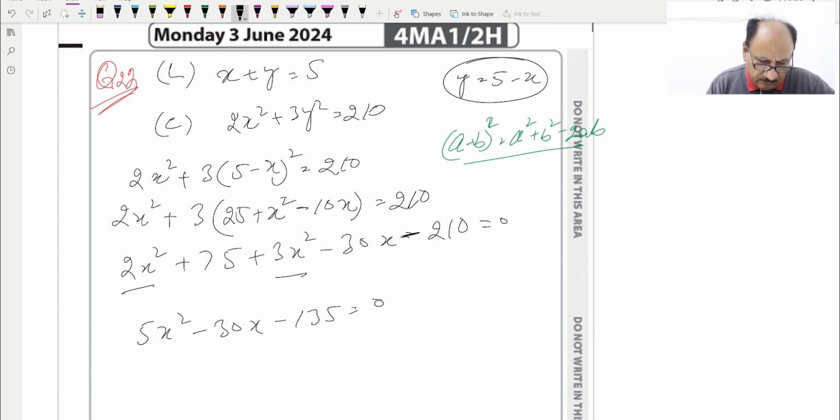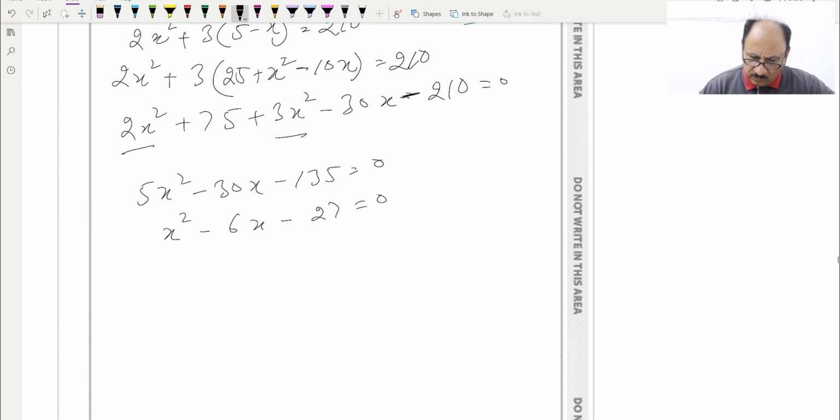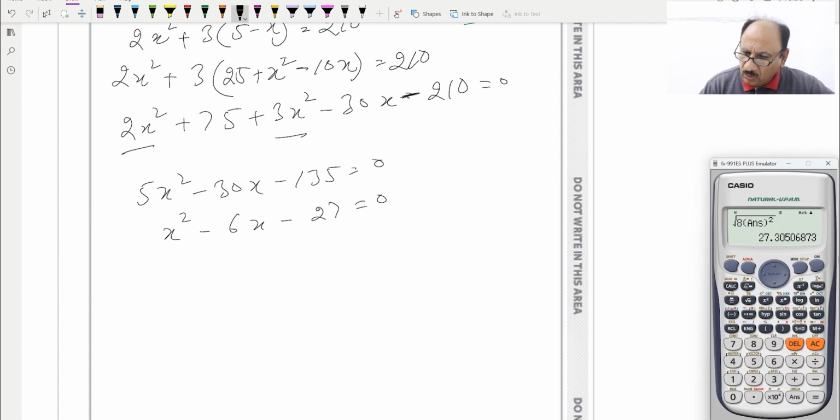And now we can simplify, divide everything by 5. So x square minus 6x minus, this will be 27. If you divide 135 by 5, you will get 27, and this is our quadratic equation which we can solve using mode 5 3, or you can factorize, whatever method you like.